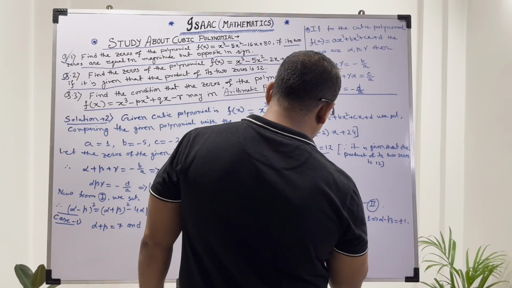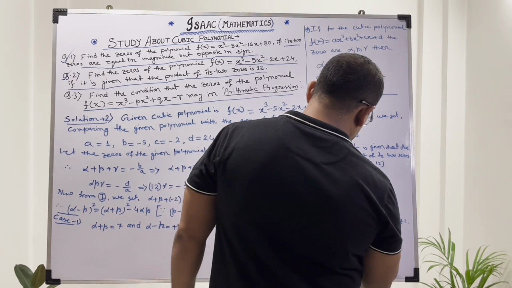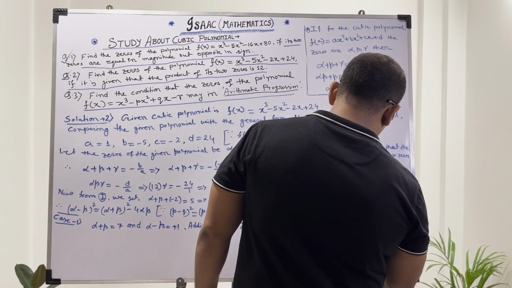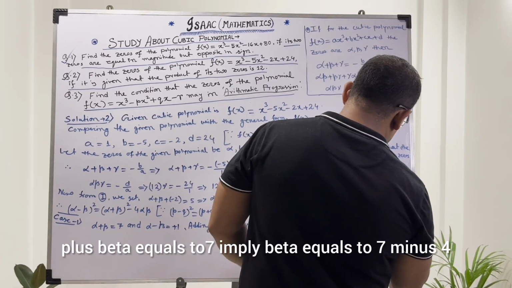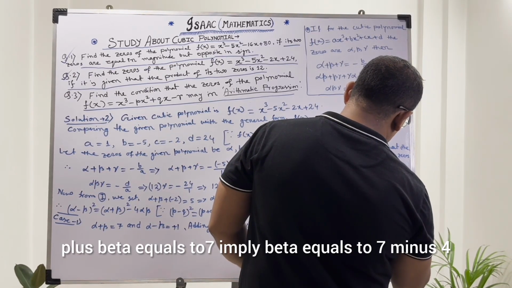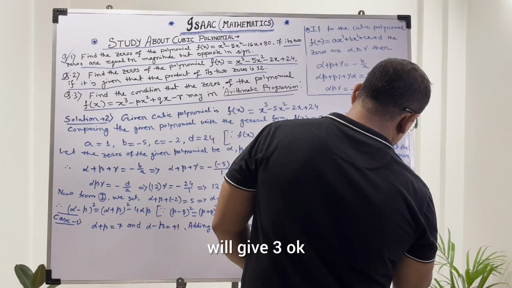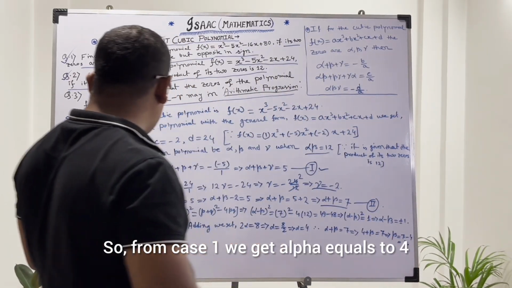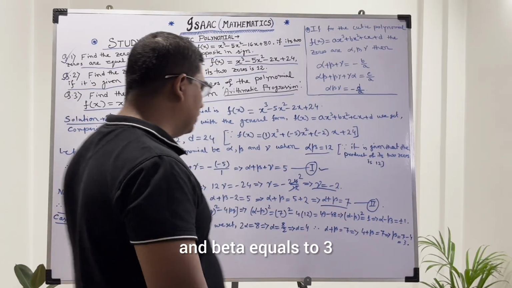So therefore alpha plus beta equals 7 implies 4 plus beta equals 7, implies beta equals 7 minus 4, which gives 3. So from case 1 we get alpha equals 4 and beta equals 3.